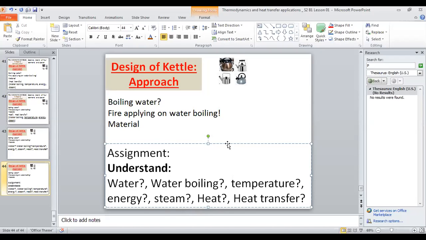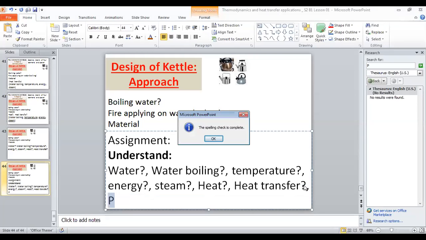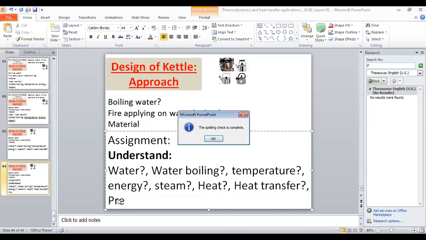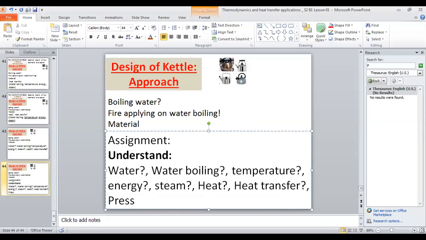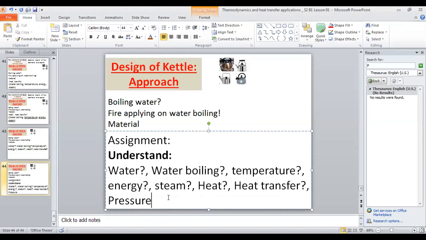I can add, if necessary, one word since you know this word. So understand what?